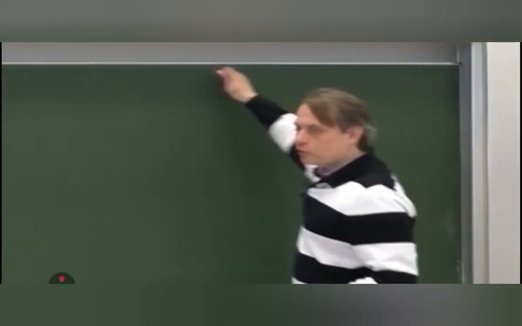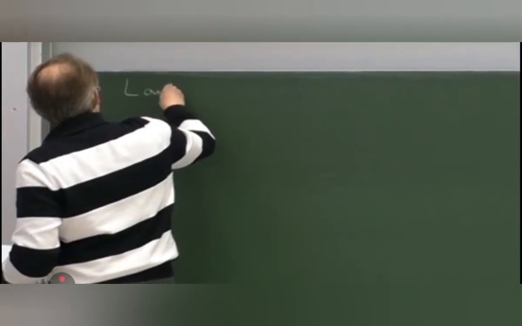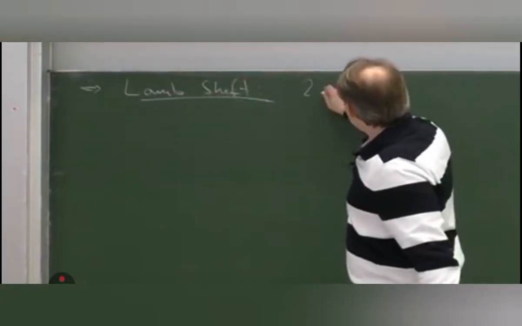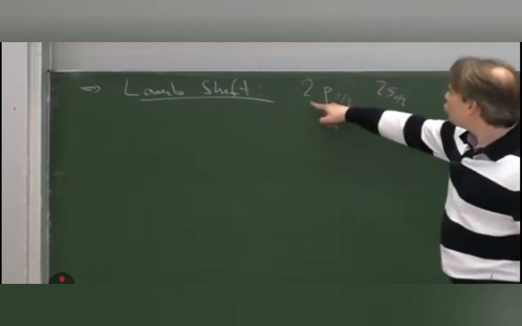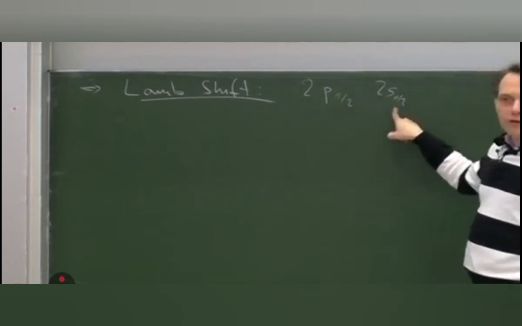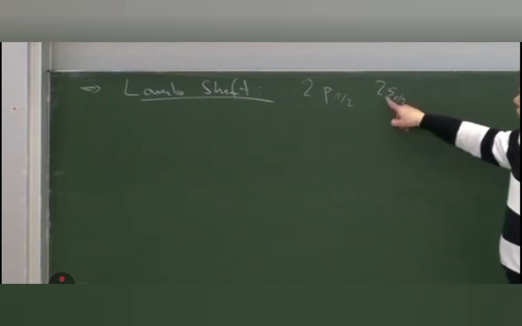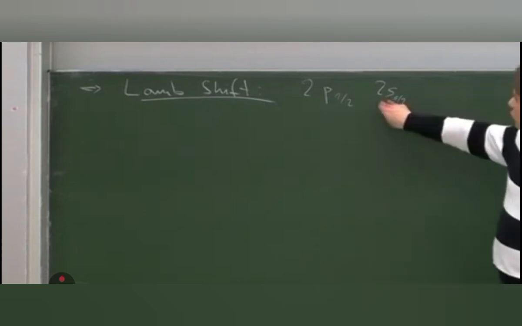And this has, of course, a very famous application and consequence, namely the so-called Lamb shift. Lamb shift is the following. If you have a hydrogen atom, there are two levels, the level 2p1/2 and 2s1/2, where p and s mean the orbital angular momentum is either 1 or 0. And so either from the Schrödinger equation in quantum mechanics 1 or from the Dirac equation in quantum mechanics 2, regardless, those two levels are degenerate.